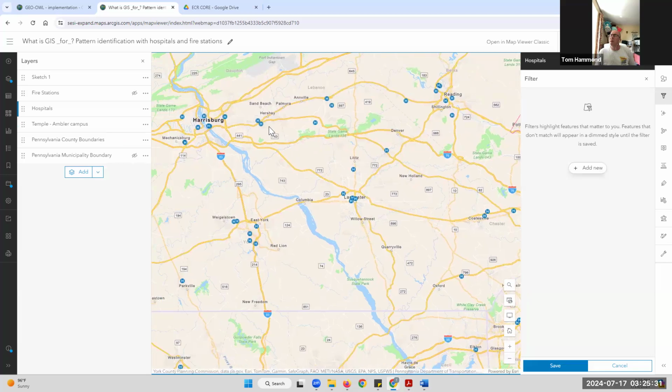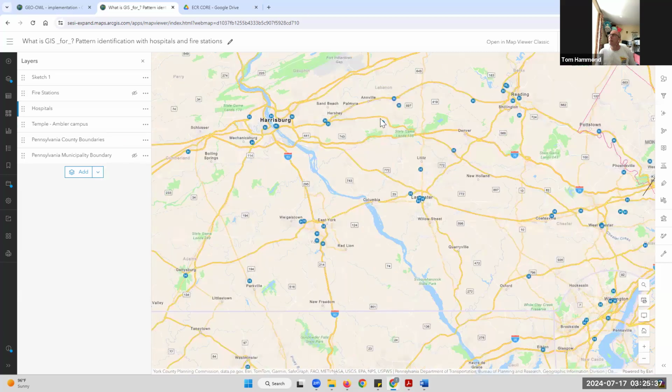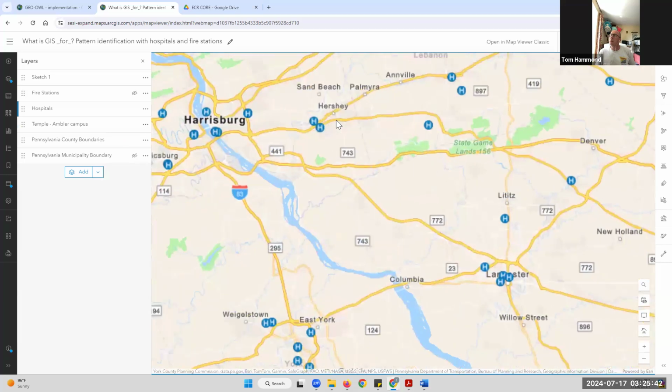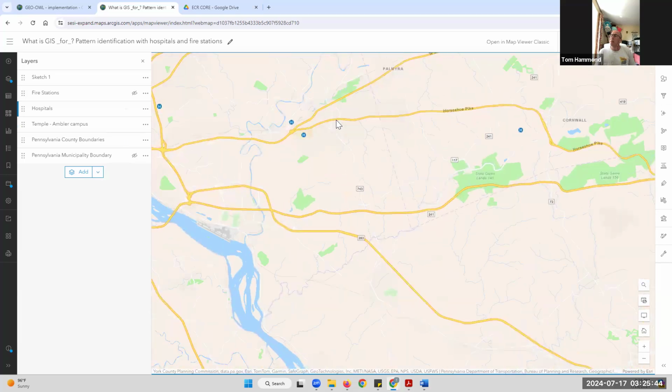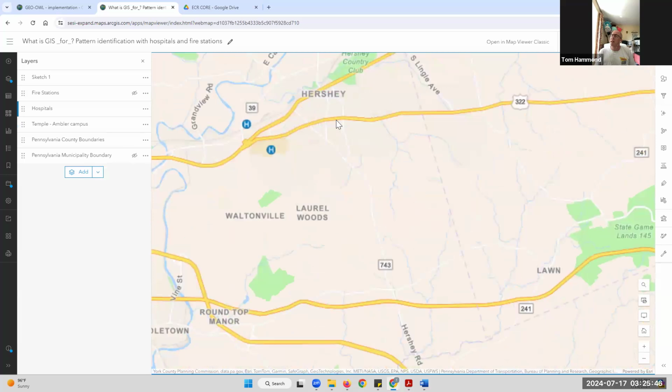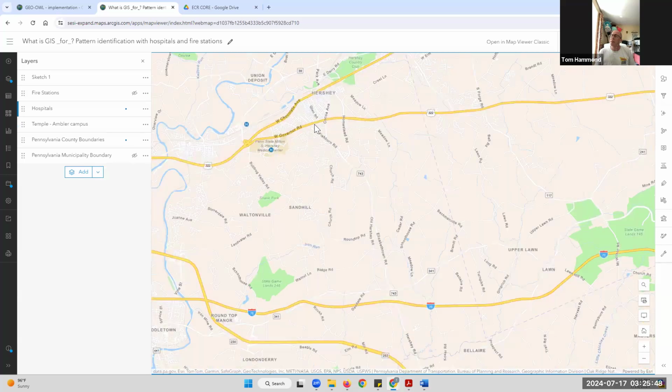Okay. So, in fact, if you really wanted to get into the distribution of hospitals, interestingly enough, Hershey, Pennsylvania is a pretty good example. You don't have to get into this, but can. So if I zoom into Hershey, you can see, oh, Hershey has 2 hospitals, and they aren't located right in the center of the street grid of Hershey. They're not in the most densely populated area.